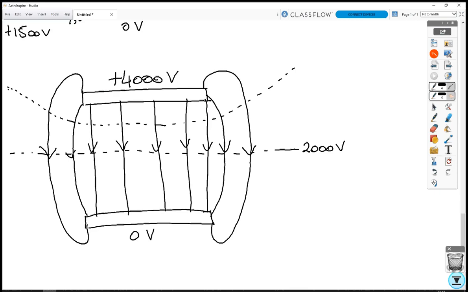That's why it curves on the edges to consistently be perpendicular with each of the field lines. So this equipotential is going to be 3,000 volts. And then likewise, halfway between the 2,000 volts and the 0 volt plate, I've tried to keep it as perpendicular as possible, but I did have some wobble while drawing it, so that will be 1,000 volts.